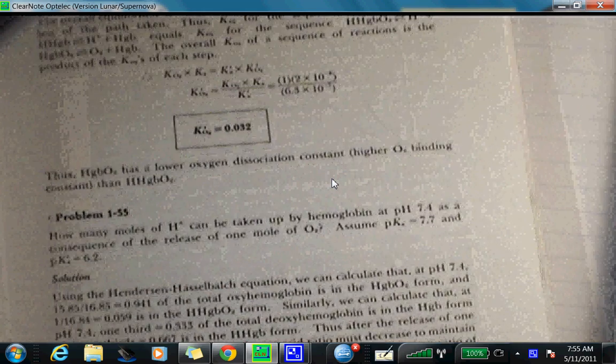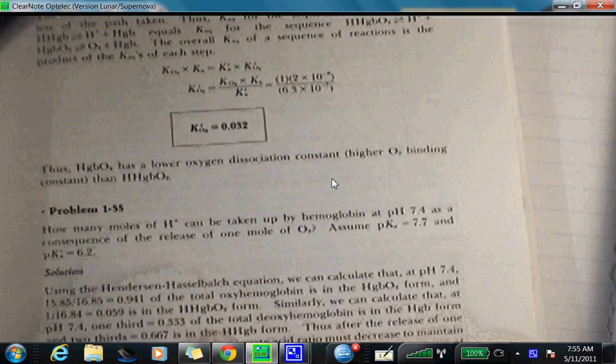This is another problem that I've had to pre-do, and this is problem number 55 on page 93 of the Siegel book. But also I want to let you know that it might be good practice to also look at page 89 of the Siegel book, where it gives you the example of that.